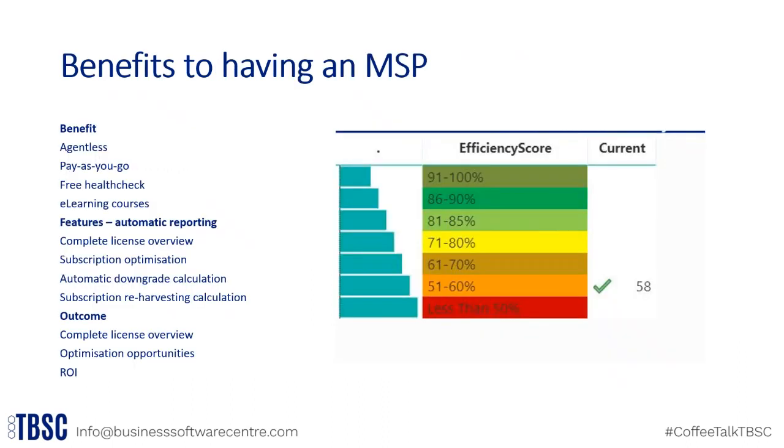So what exactly is the benefit to having a managed service provider? As I mentioned earlier, with the score issues, 45% of companies we found don't use Teams, and so their efficiency score would probably be pretty low, probably in the orange or red area. That's around a 50% efficiency score, meaning they're not using what they're paying for.